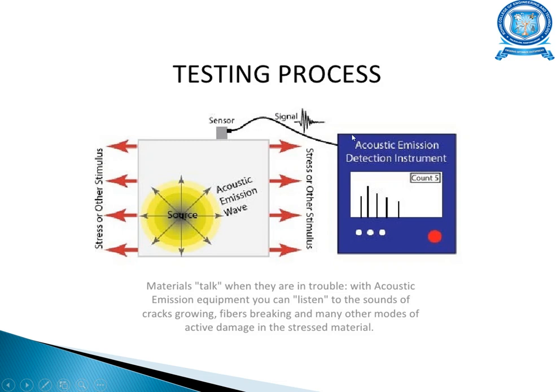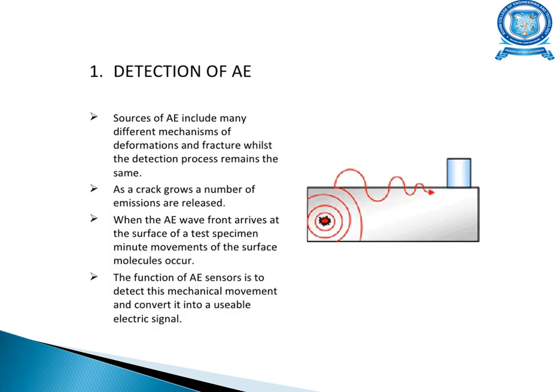It is converted into pulse form by the circuitry unit and displayed on the screen as a signal. Thus the defects in the test specimen can be identified in the stressed material.